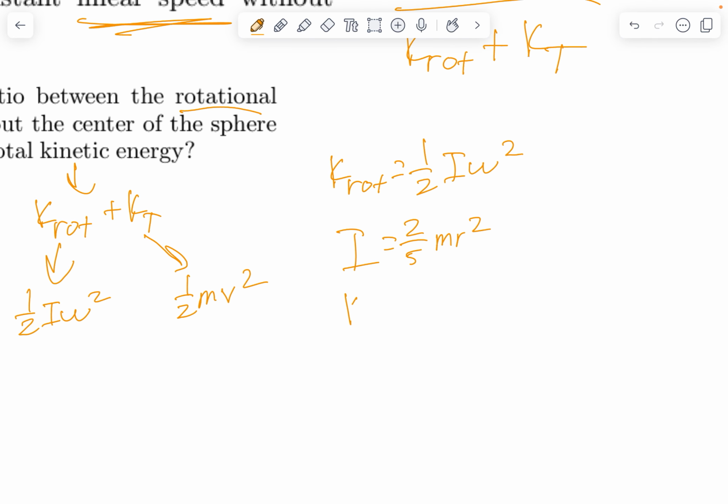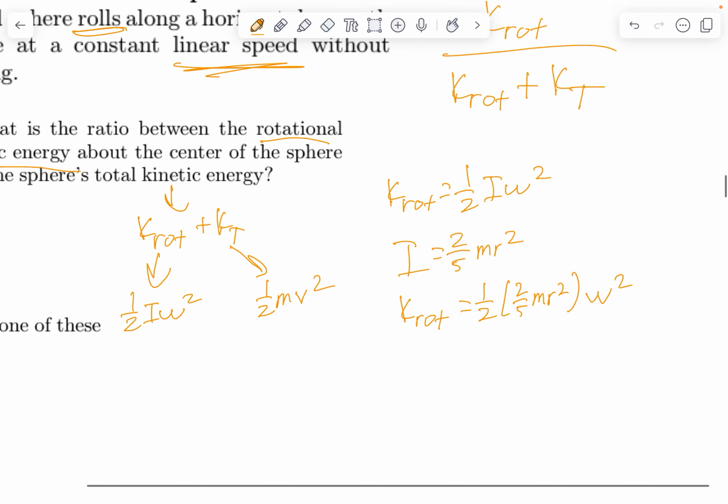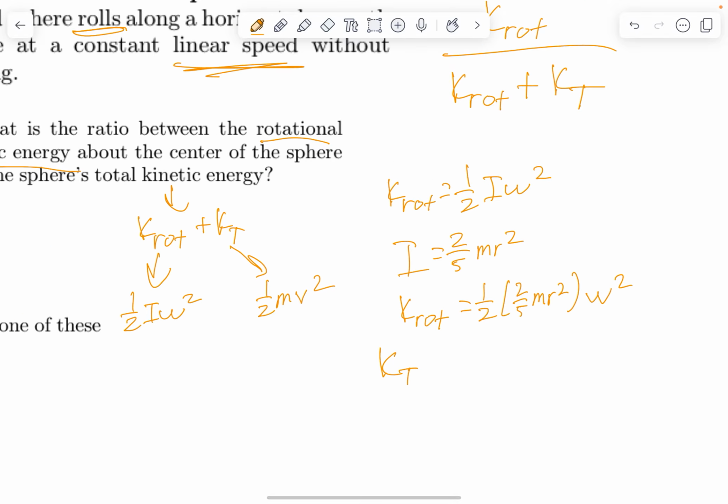So then K rotational is equal to 1/2 times 2/5 mr squared omega squared. Okay. And then K translational is just 1/2 mv squared.